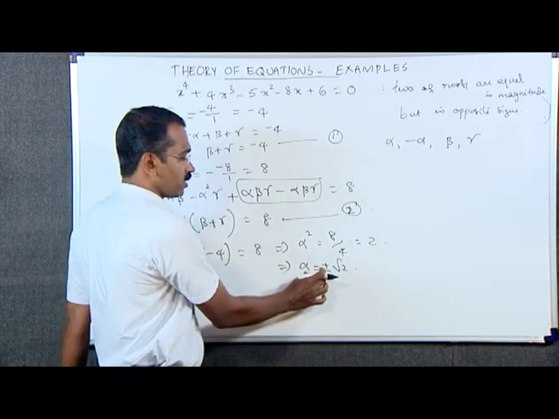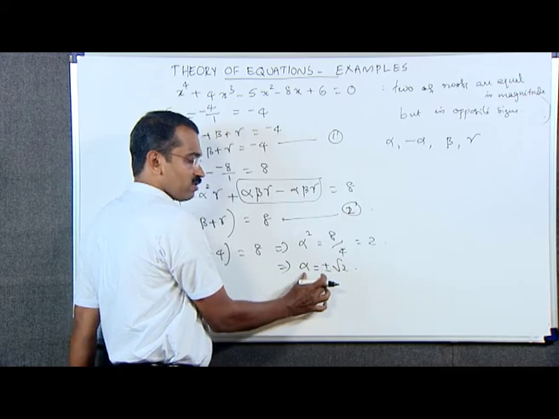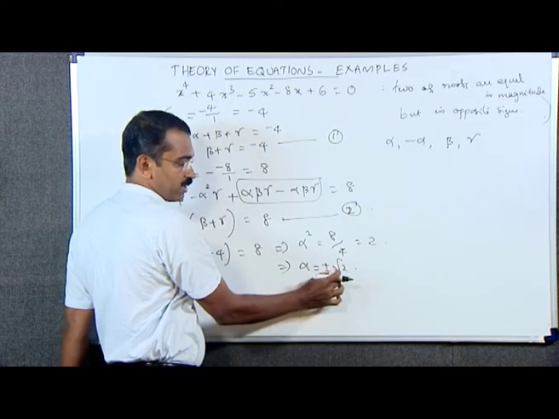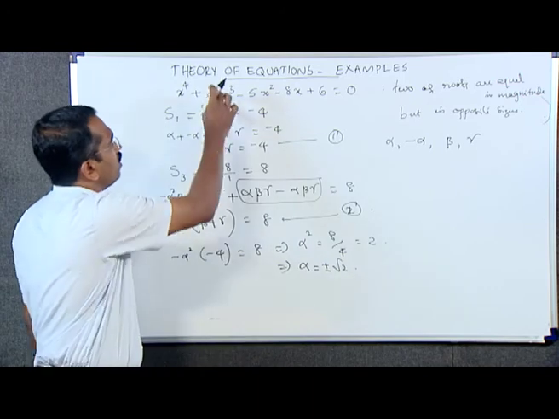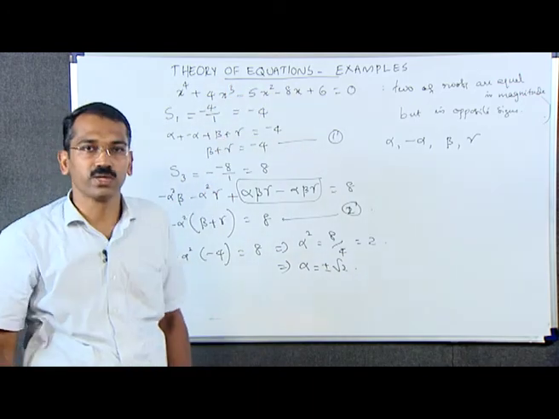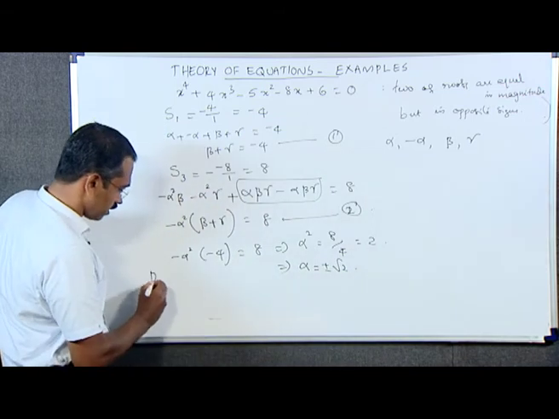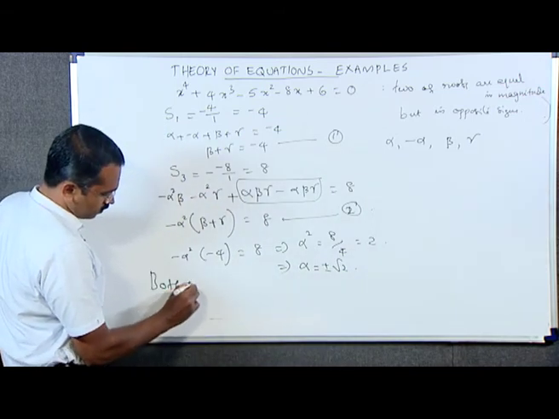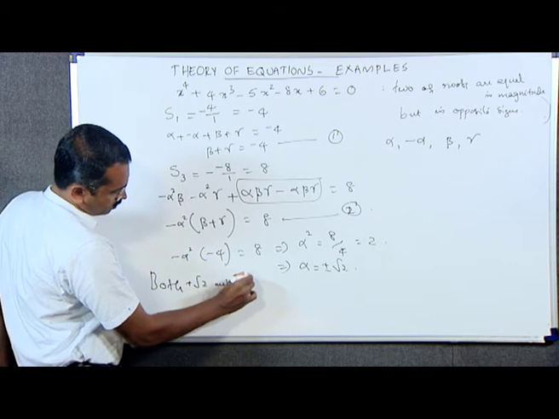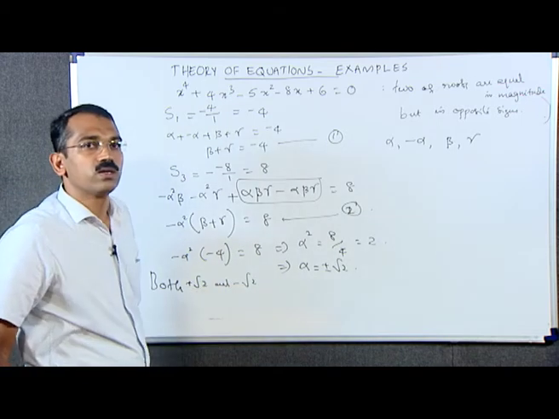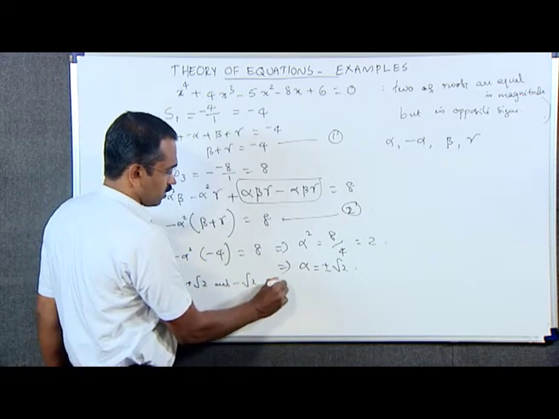When we substitute x is equal to plus or minus root 2, this equation will be satisfied. Therefore, both plus root 2 and minus root 2 are the roots of the given equation.